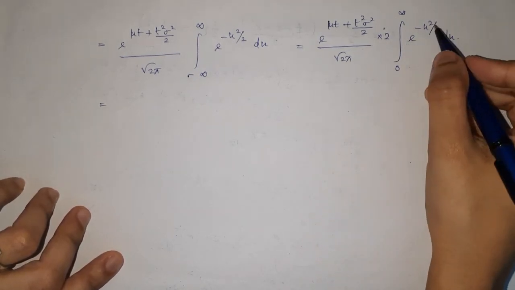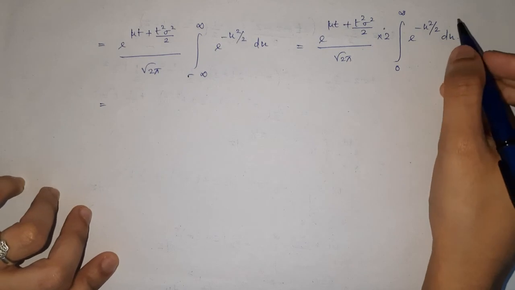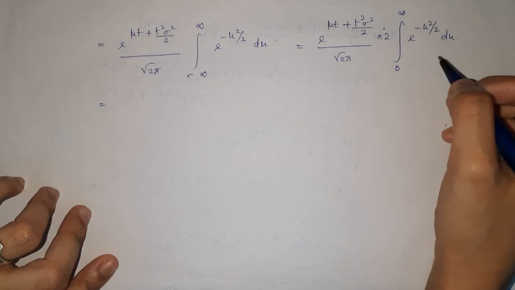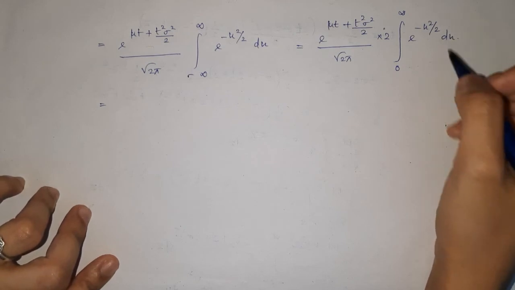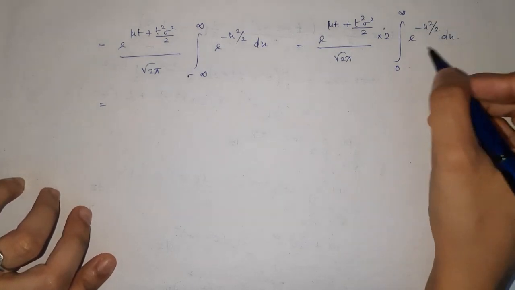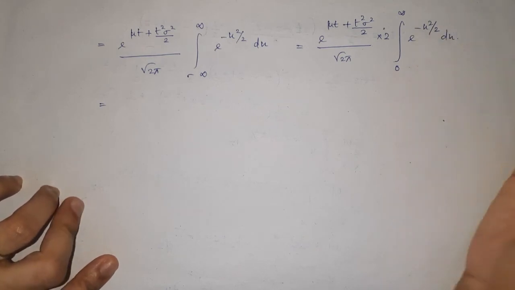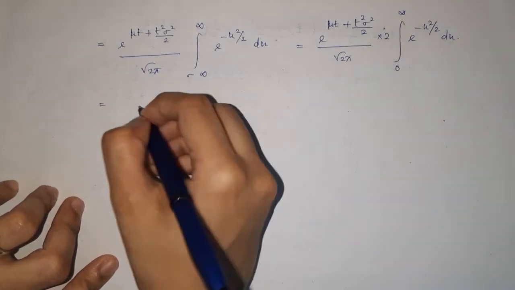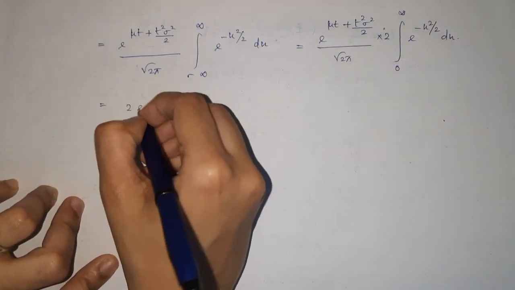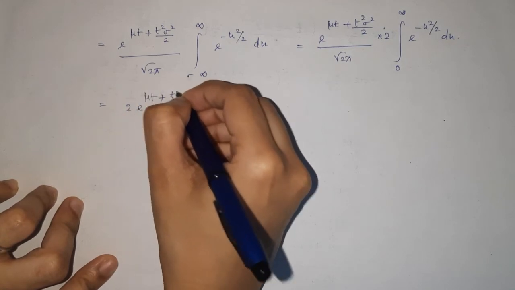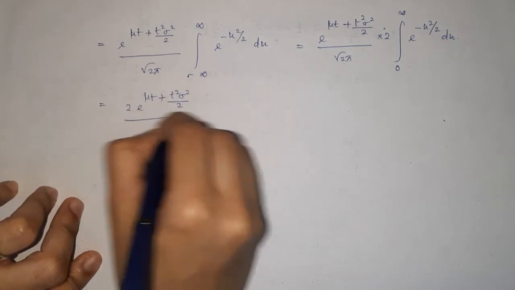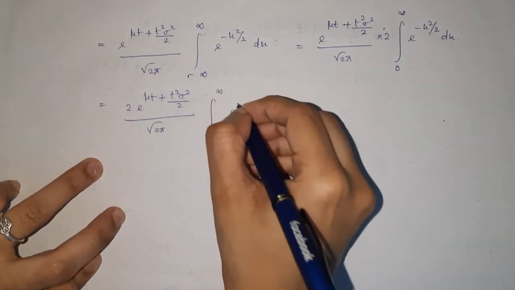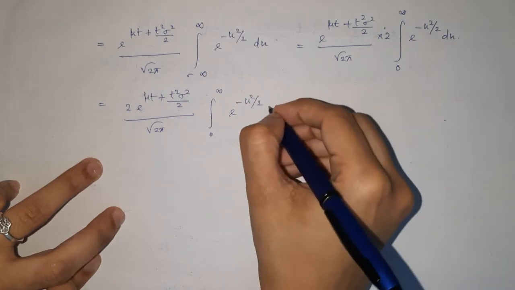Because this function is an even function, and integrating an even function from minus infinity to infinity is equal to 2 into integrating the same function over 0 to infinity. So, we can write it as 2 into e power mu t plus t square sigma square divided by 2, divided by root 2 pi, 0 to infinity e raised to minus u square divided by 2 du.